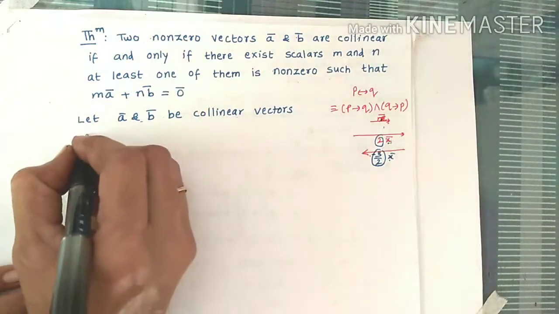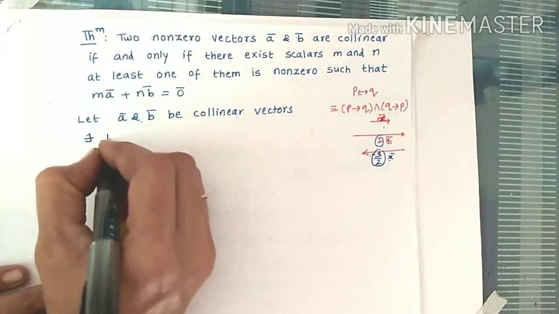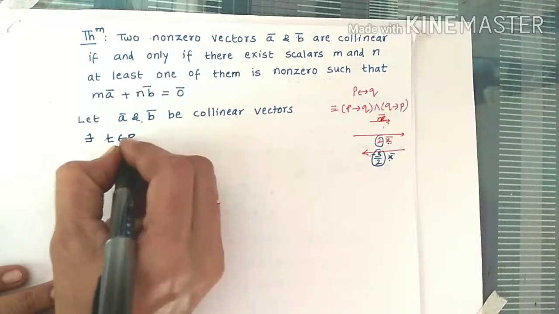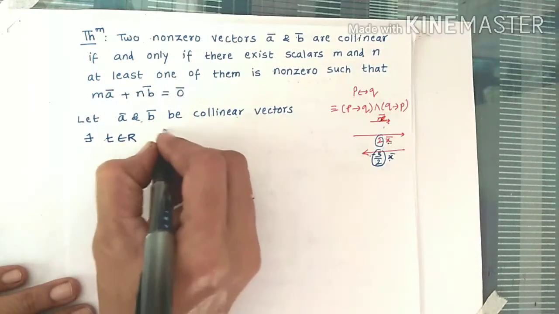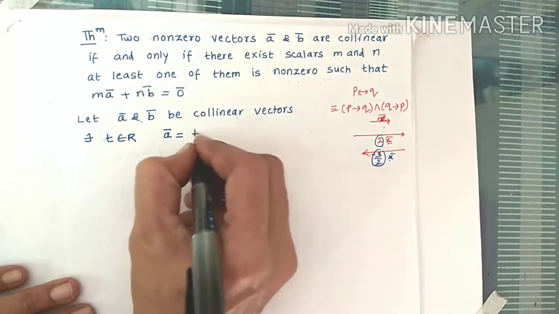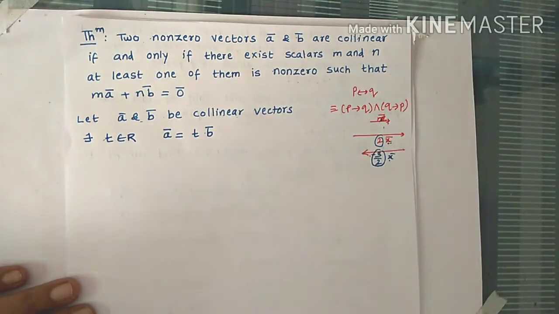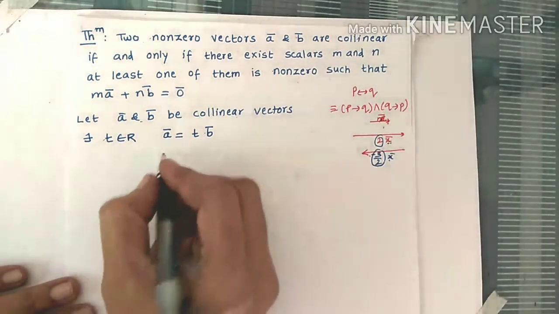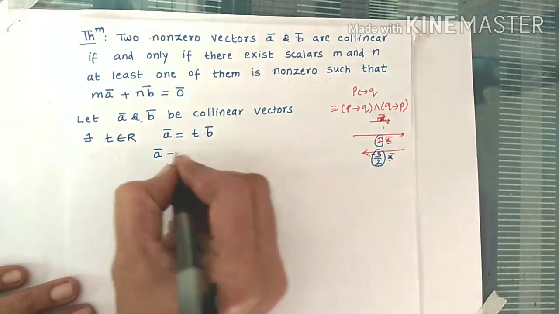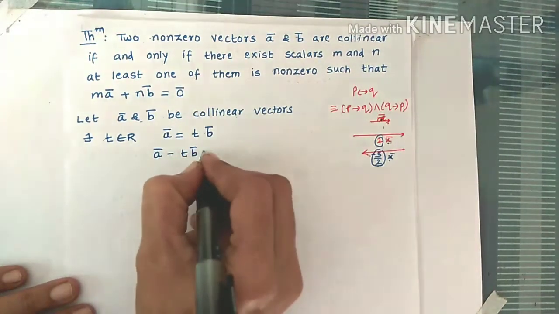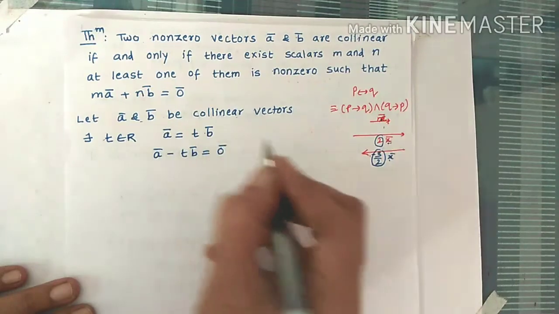That means there exists some scalar t, scalar means a real number, such that a bar is equal to some scalar multiple of b bar. Collinear means scalar multiple. So we have a bar minus t b bar equal to 0 bar.